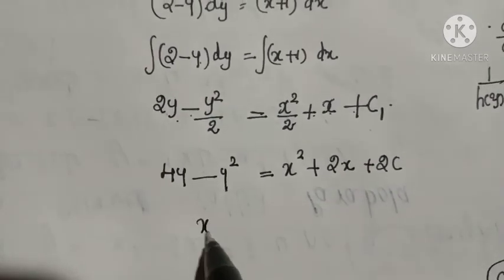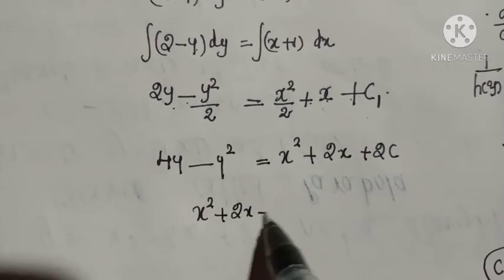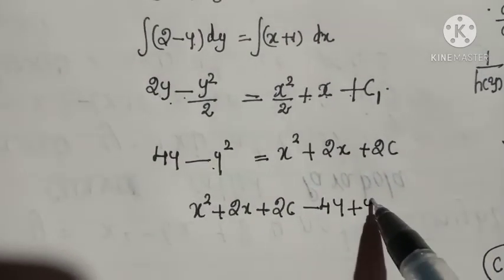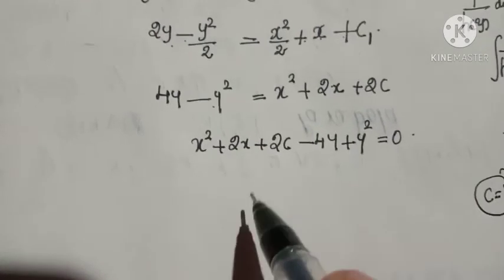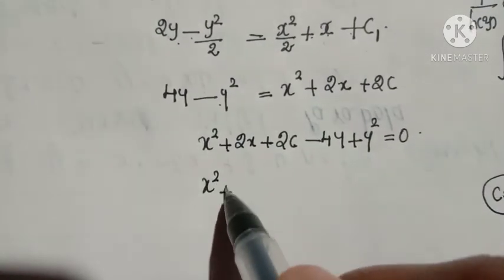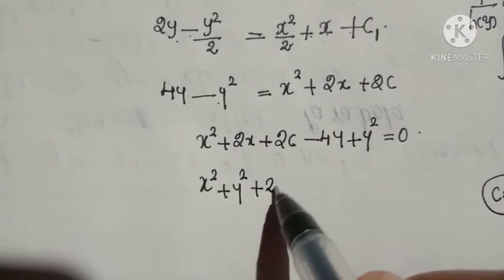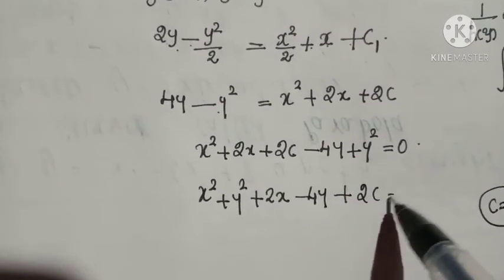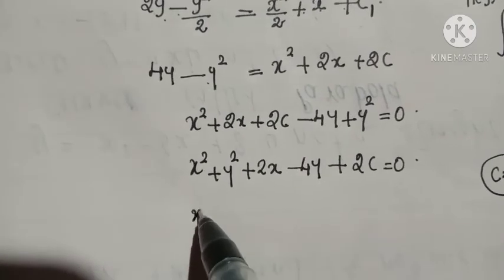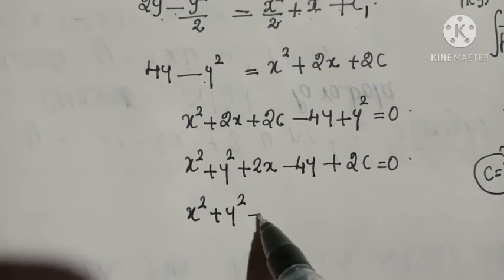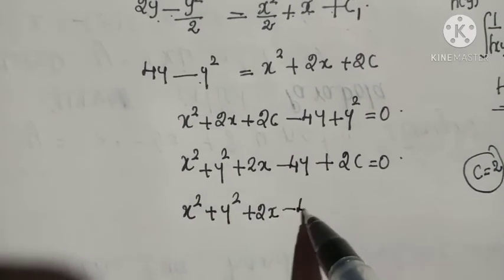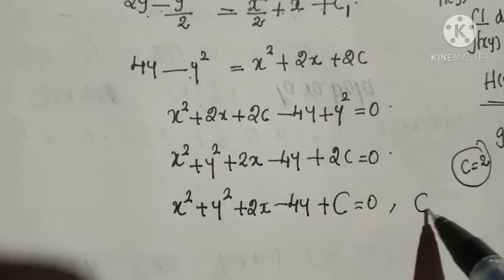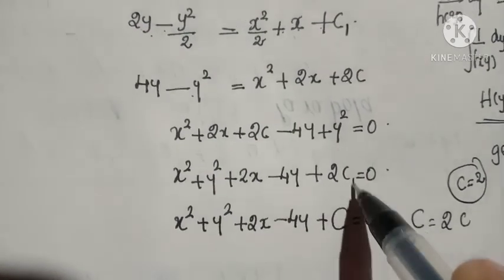So this becomes x square plus 2x plus 2c1 minus 4y plus y square is equal to 0, or x square plus y square plus 2x minus 4y plus 2c1 is equal to 0, or we can write x square plus y square plus 2x minus 4y plus c equal to 0, where c is 2c1.